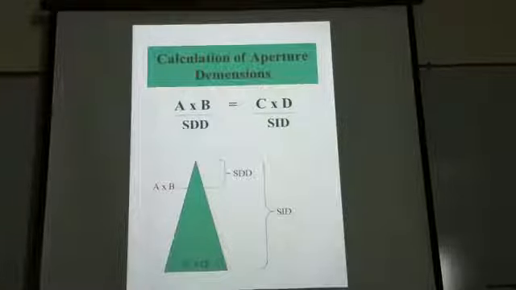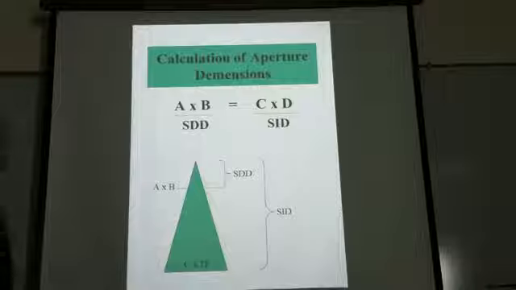A by B is the dimension of your diaphragm. C by D is going to be the dimension of your beam size, the projected beam size.